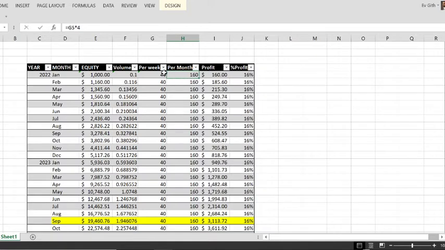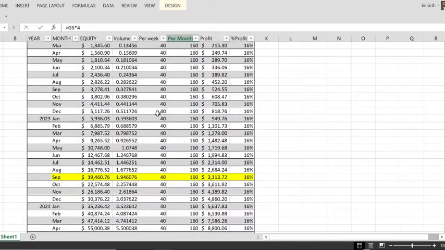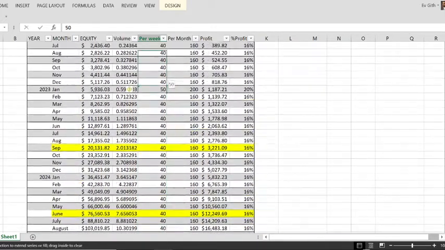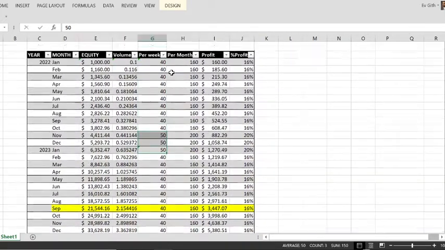Now, if I can still improve my strategy in the second year so that I get 50 pips per week, equivalent to what?